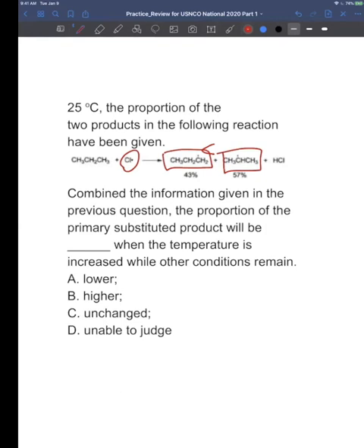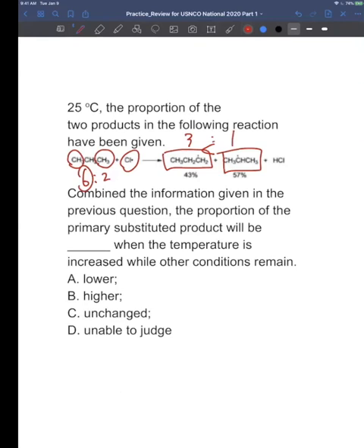And if the temperature is high enough, I would like to say the ratio of these two will be more proportional to the number of primary hydrogens and secondary hydrogens, which is 6/2. So there are 6 primary hydrogens, 2 secondary hydrogens. So if the temperature is high enough, the ratio of these two will be close to 3:1.